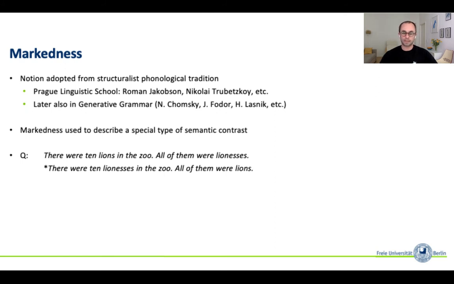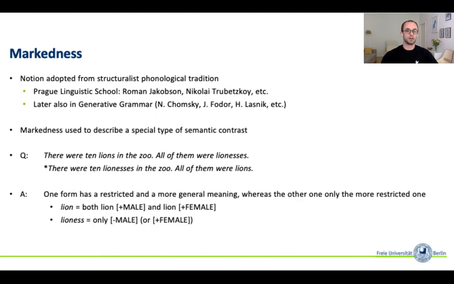So, for example, let's have a look at the following sentence. There were 10 lions in the zoo. All of them were lionesses. This would be an acceptable sentence. However, if we turn it around and say, there were 10 lionesses in the zoo, all of them were lions, this would be slightly off or completely impossible. Depends. So what we see here is that one form has both a restricted and a more general meaning.